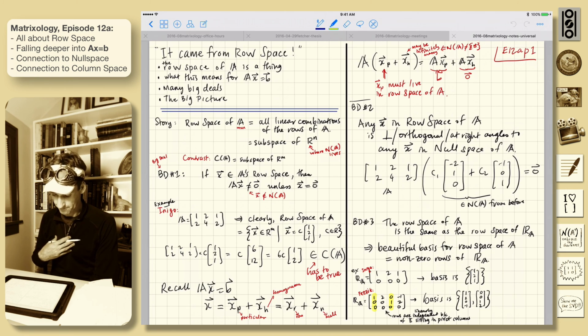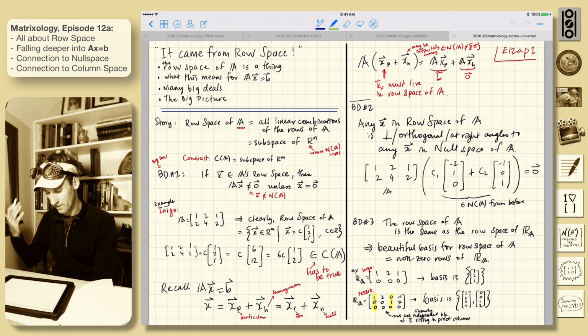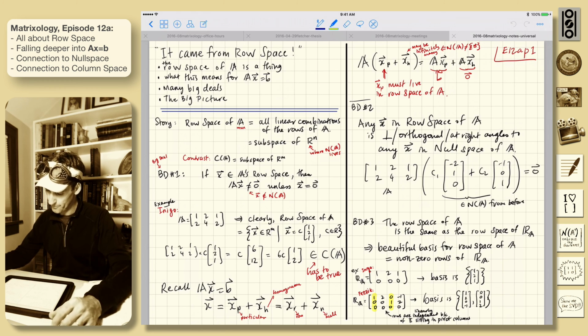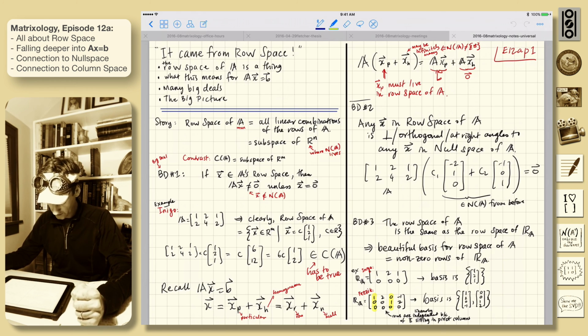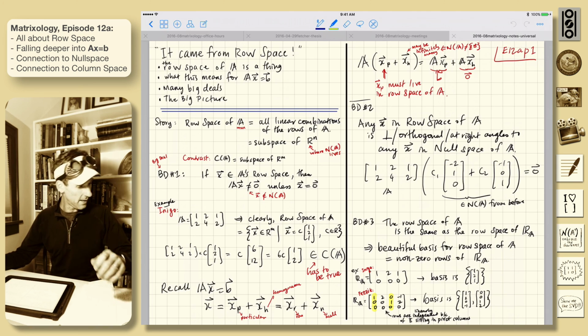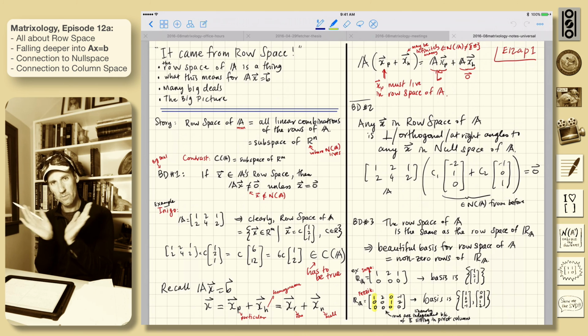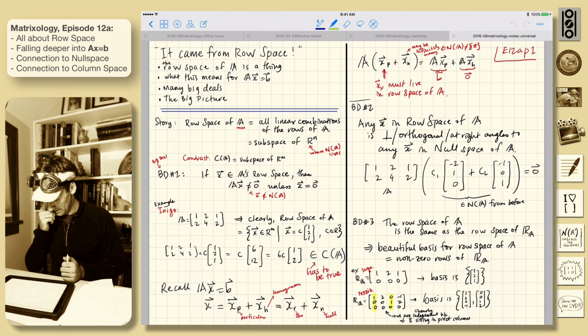I mean, the way I was saying it is that if x is part of row space, then we're going to get something non-zero. So that's good stuff. Then we had that the x in row space is normal to, or at right angles to, any x in null space.